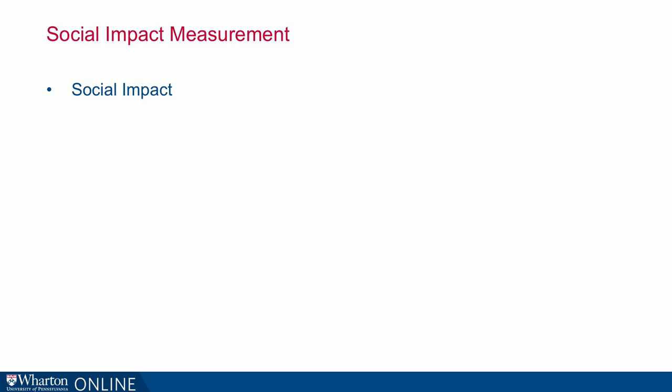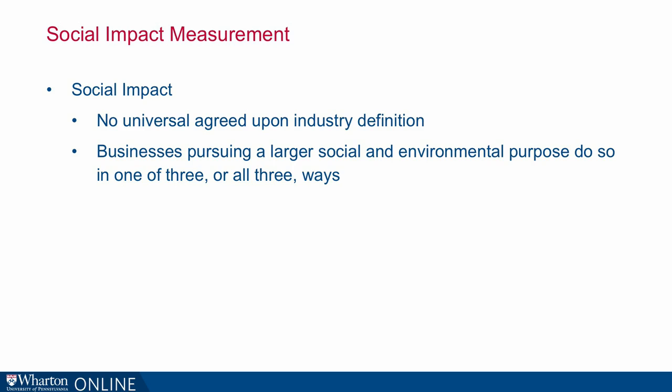So let's talk about social impact, because it's a term that gets thrown around and not defined very well. And let me offer some insights into this. I've talked about this somewhat in my module on purpose-driven leadership as well. So in that module, I emphasize that businesses pursuing a larger social and environmental purpose might do this in one of three ways, or all three ways.